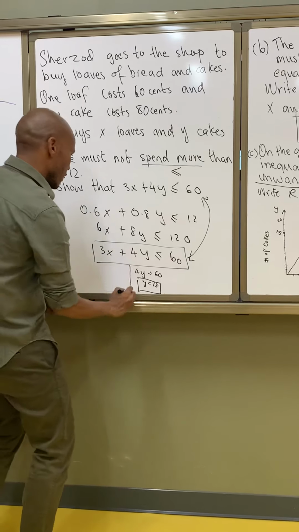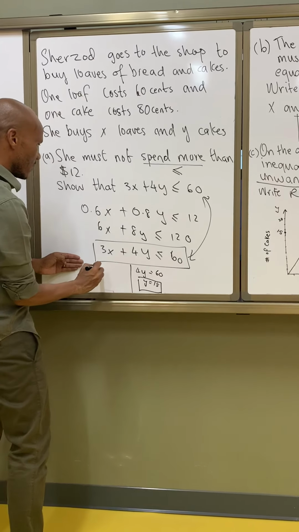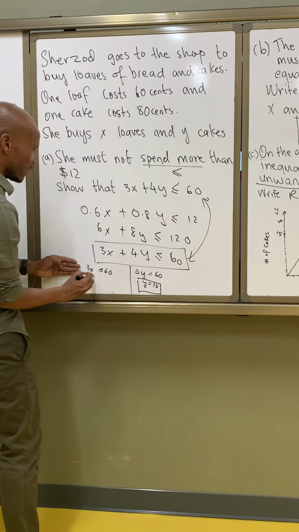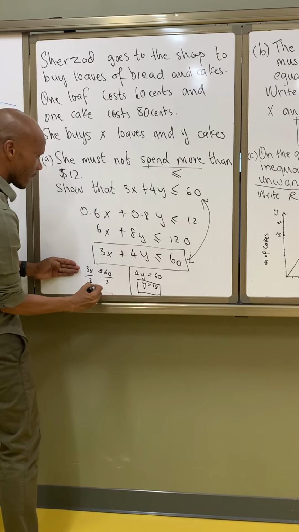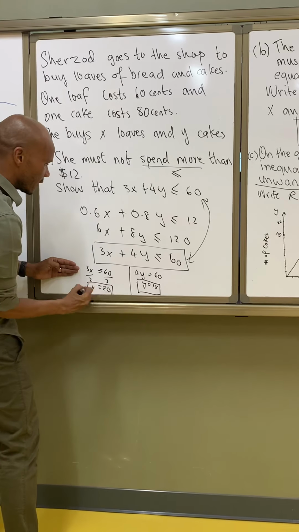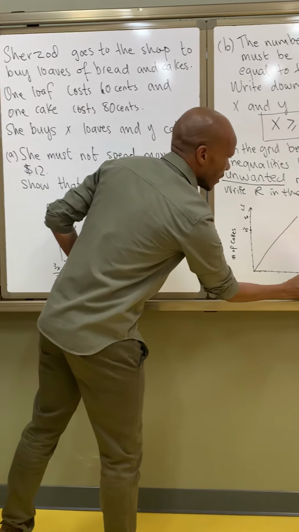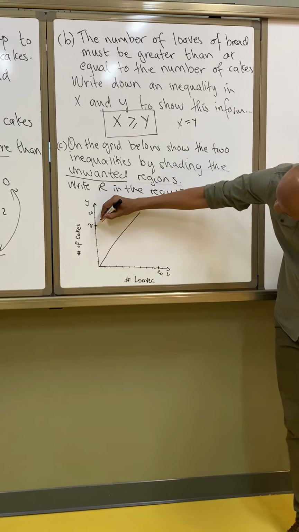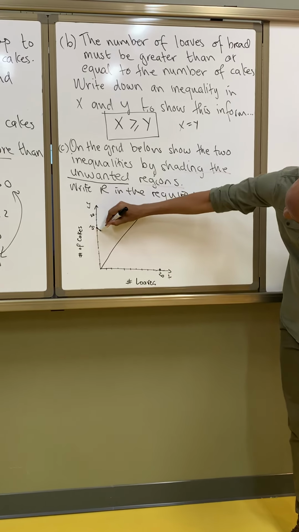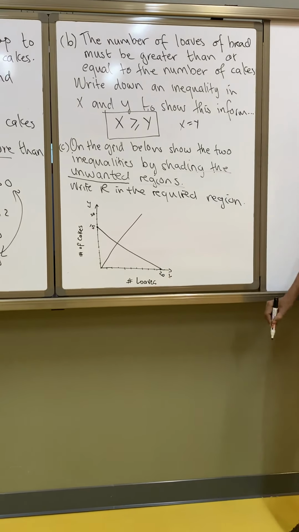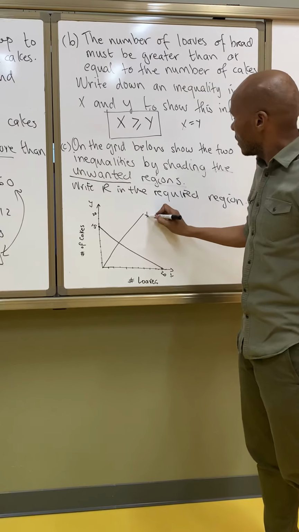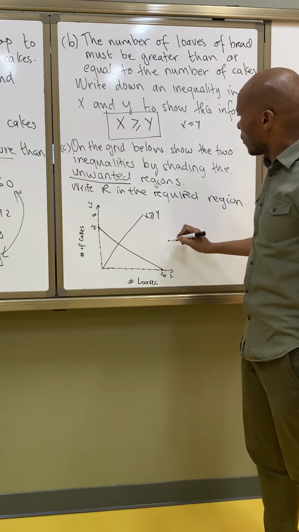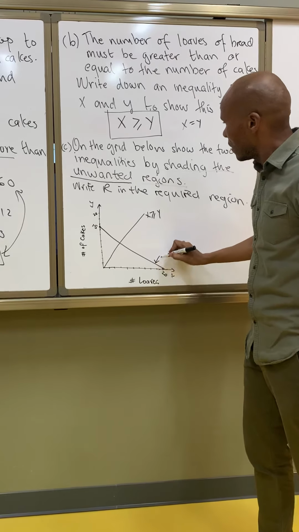And then the x-intercept, 3x is 60, x is 20. x is 20 is right there. So you just join those two intercepts. Okay, so that's how it is.